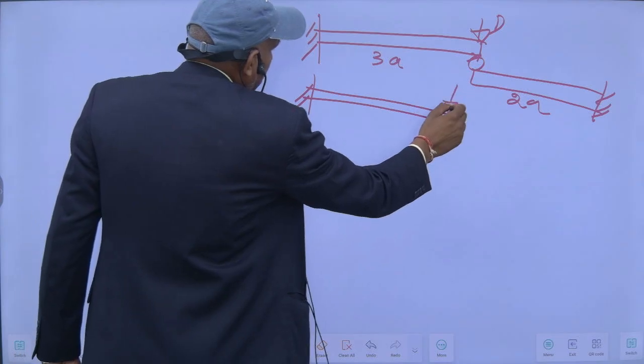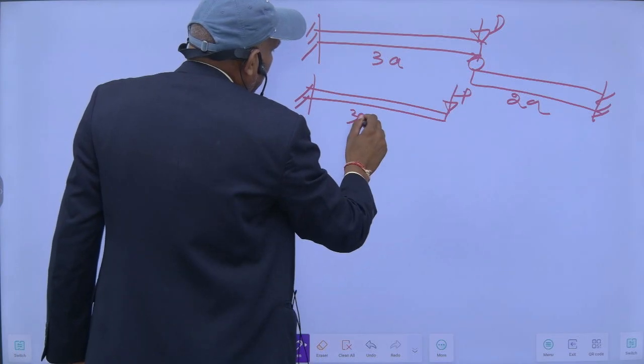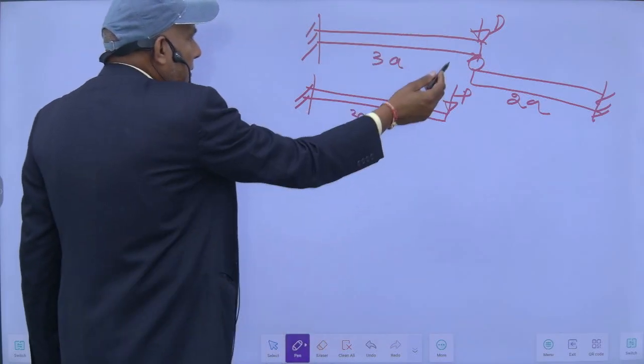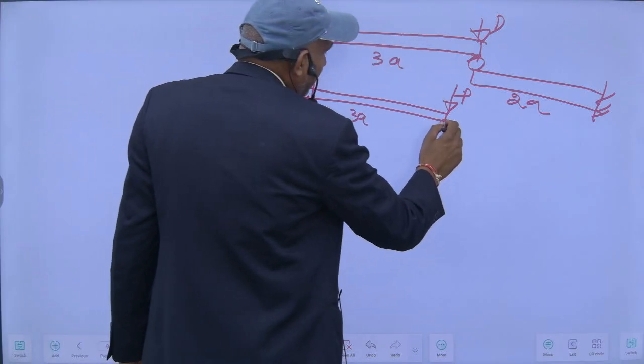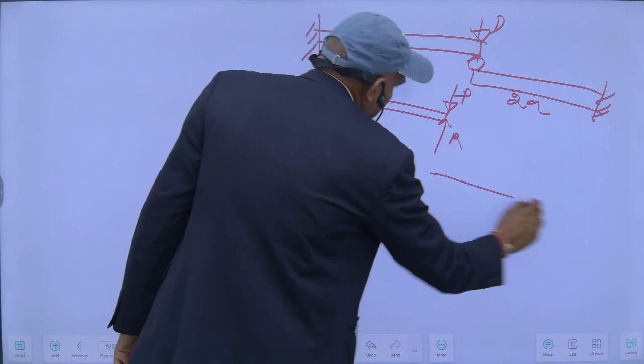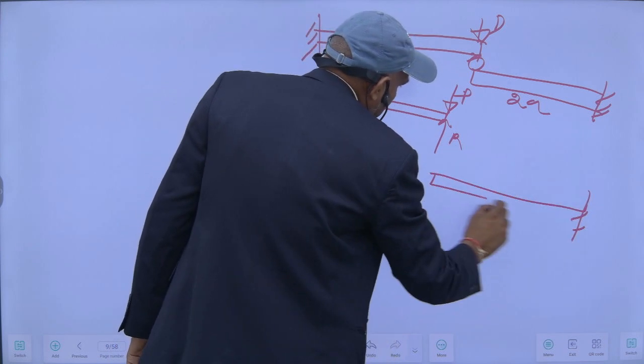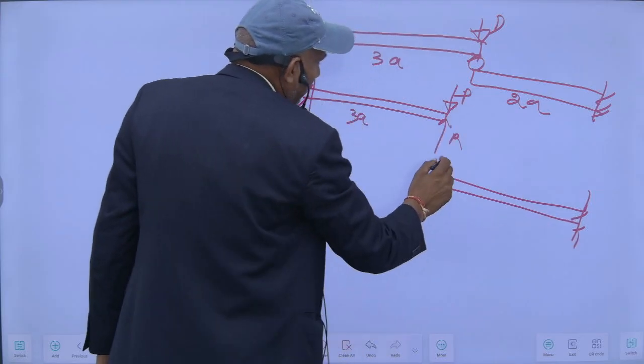This is P, 3A. This roller will provide a reaction here, and for this beam it will be like this.